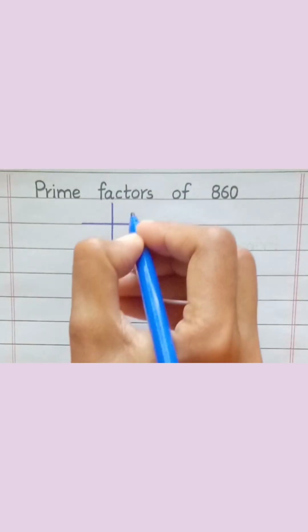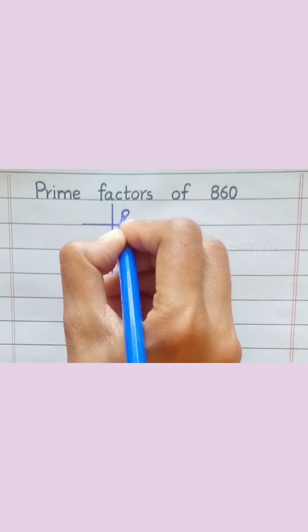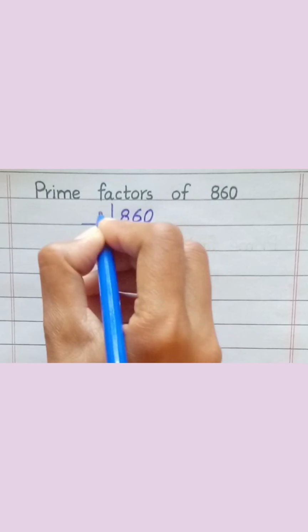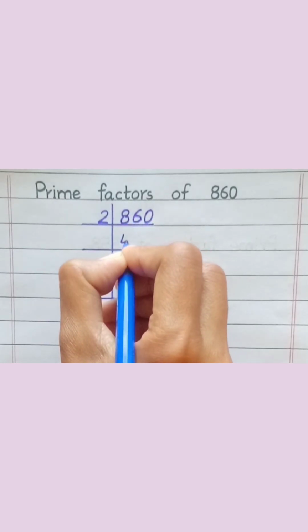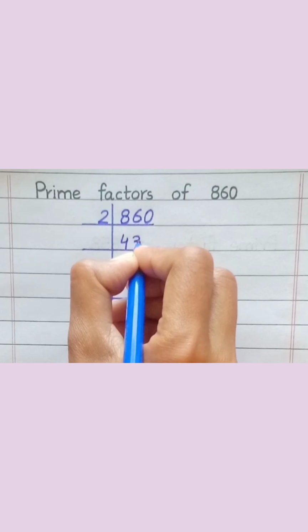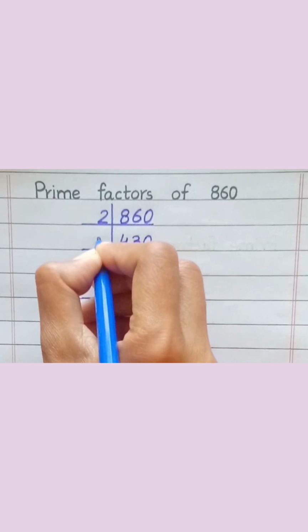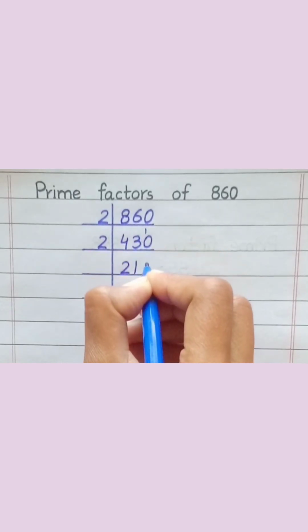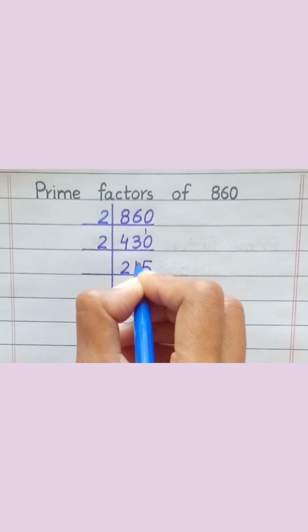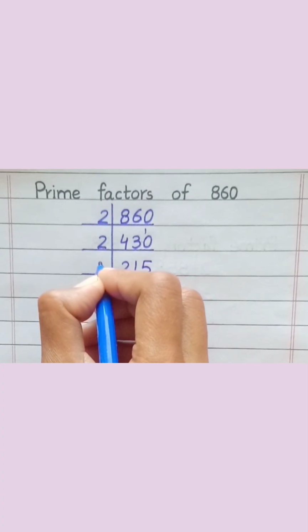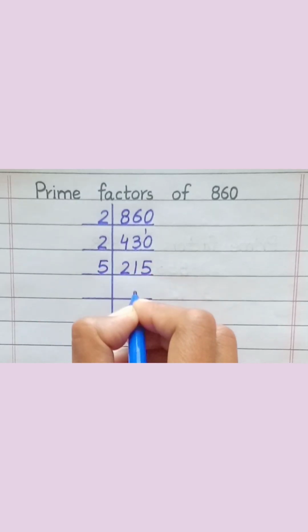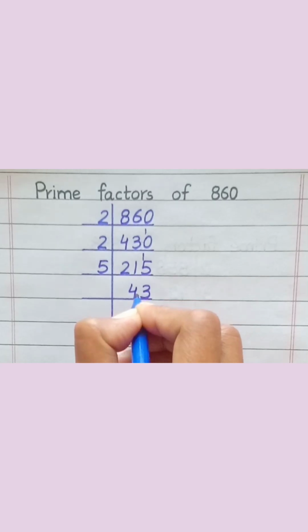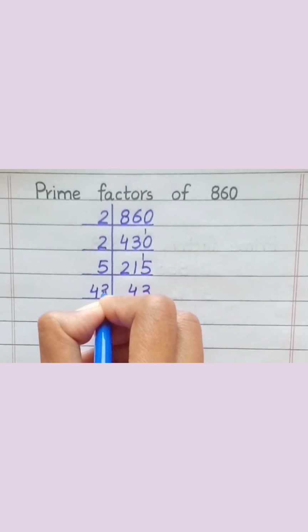Prime factors of 860. 2 fours are 8, 2 threes are 6, 2 zeros are 0, 2 twos are 4, 2 ones are 2, 2 fives are 10, 5 fours are 20, 5 threes are 15, 43 ones are 43.